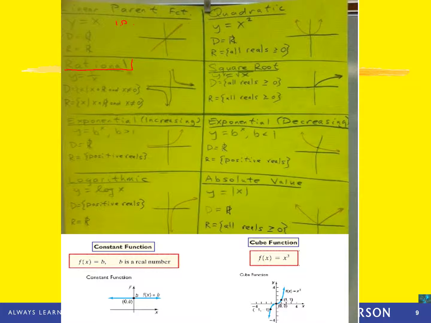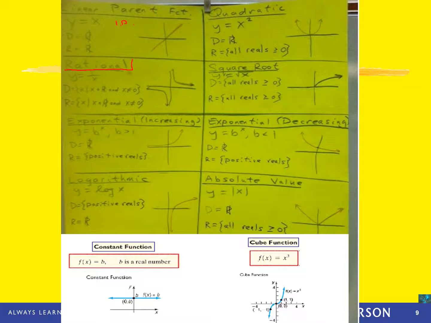The rational parent function, also known as the reciprocal function. And we've got the square rooting function, and some functions, the graphs of which we'll need to know in the future: exponential and logarithmic. 2 exponential graphs, 1 logarithmic graph. There are actually 2 main logarithmic ones, but only one is on this poster.